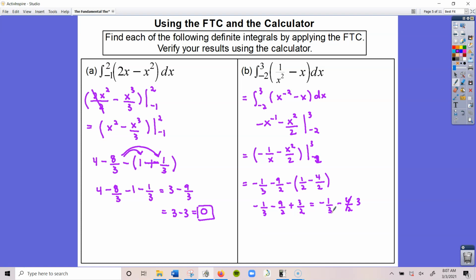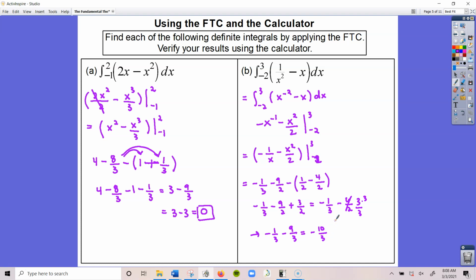So -1 over 3 minus 3, I need to put this over 3 and then multiply the numerator by 3. So we end up with -1 over 3 minus 9 over 3, which is equal to -10 over 3.